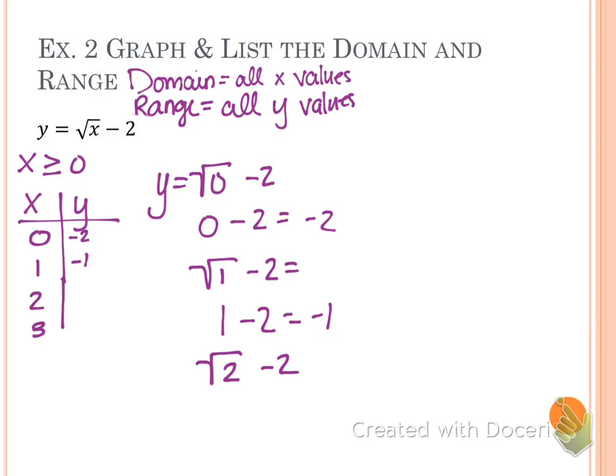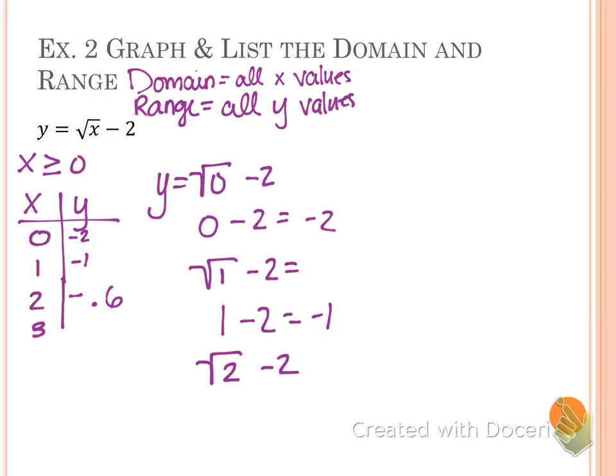So if you have the blue and white calculator, it's just the arrows that point outside. If you have the Casio, you use the S to D. And once you do that, I get -0.58. And what I want to do is I want to round to the nearest tenth. So I need one decimal place. So if it's -0.58, I know that's going to be -0.6 because I use that 8 to round up.